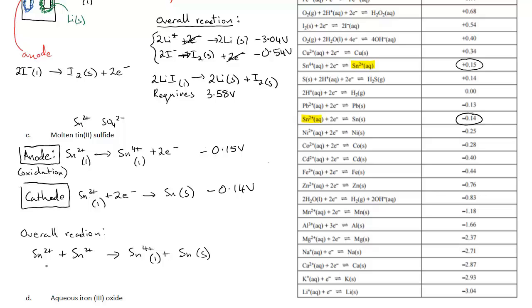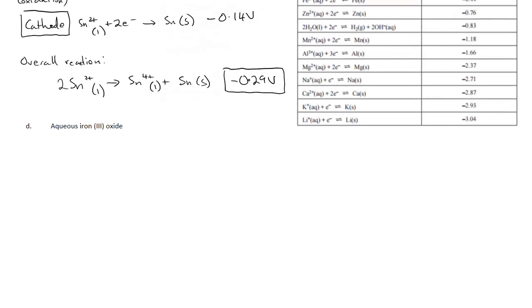And I'm just going to write this as, instead of writing them separately, 2, so adding 2 tin ions. And the overall voltage required will be negative 0.29 volts. That's how much voltage will be required for this reaction to take place.